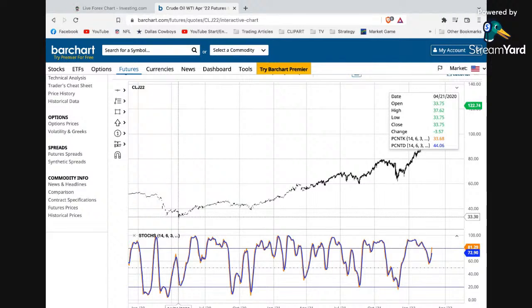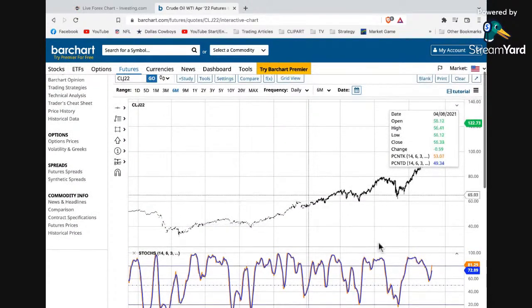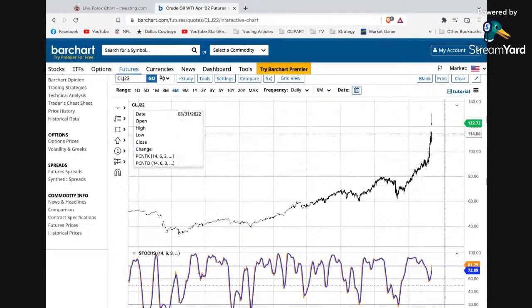This was the low. It's around 34 in this contract, and this high is 130. So it's near 10x. And this looks like a five-wave structure, Elliott wave.